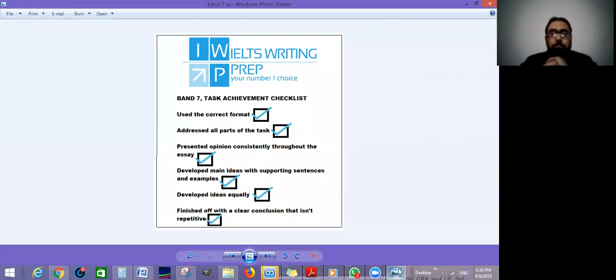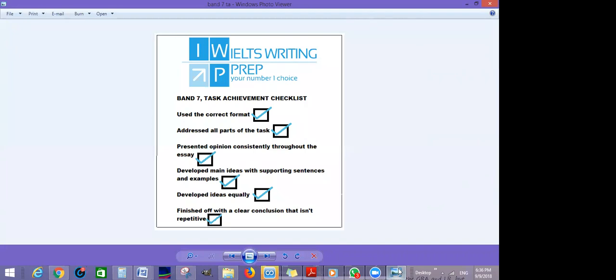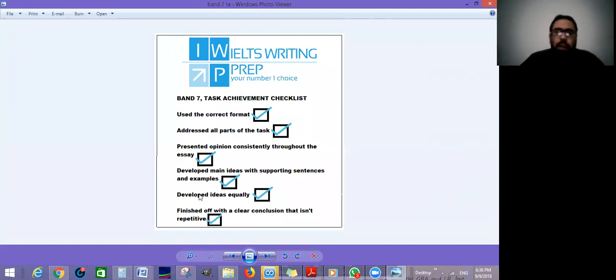Anyone? There will be inequality between the development of paragraphs. Yes. So one would be really developed with three supporting sentences and examples, and the first idea might not be that well developed.